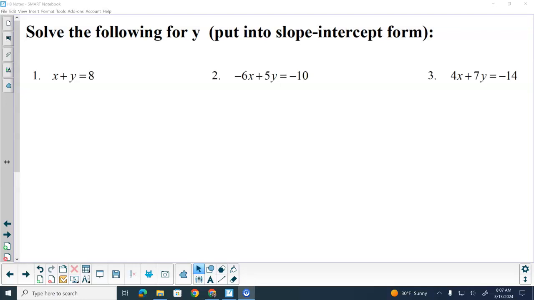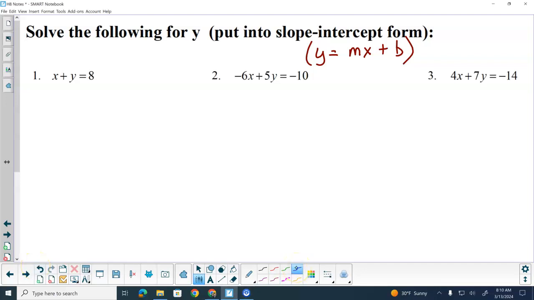When it says put things into slope-intercept form, what is slope-intercept form? y equals mx plus b. So all of our answers should have y equals, then our variable term, and then the number at the end, not b plus mx form. Okay?